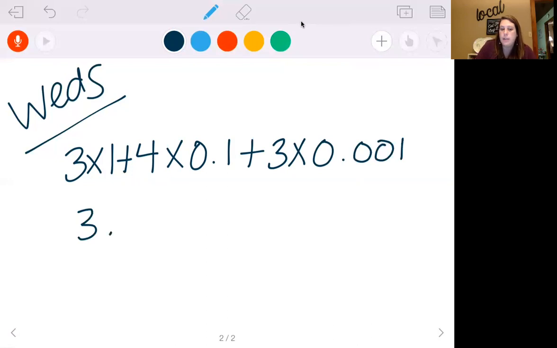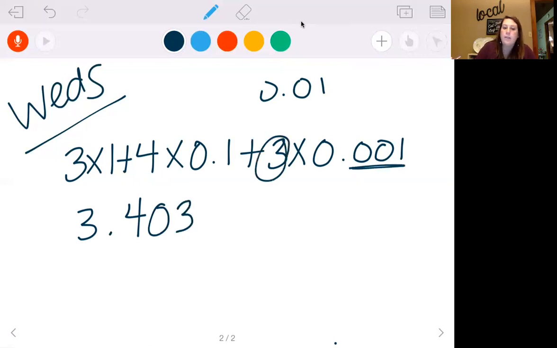I'm going to put a decimal. 4 times 0.1 tells me 4 is in the tenths place. I don't see anything times 0.01, so I know that there's no hundredths. Put a 0. The 0.001 tells me that that 3 needs to go in the thousandths place, so I get 3.403. Okay, so that's that one.